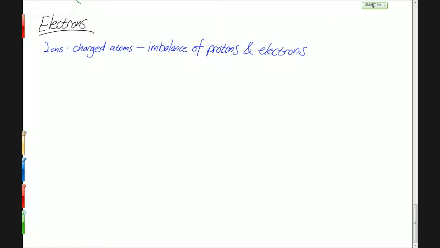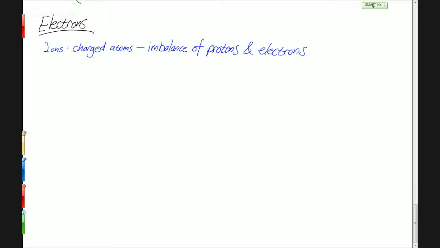What kind of an ion do you think you would have if you had more protons than electrons? Would it be a positive ion or a negative ion? Positive. Protons are positive, electrons are negative. So if you have more of the positive protons, you'd have an overall positive charge. And if you had more of the negative electrons, you'd have an overall negative charge.